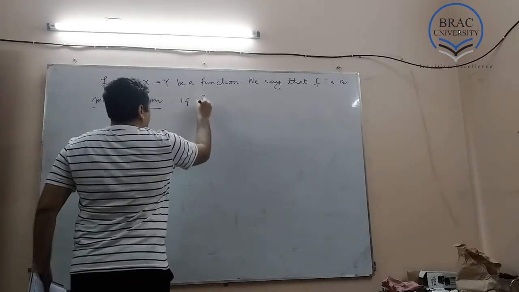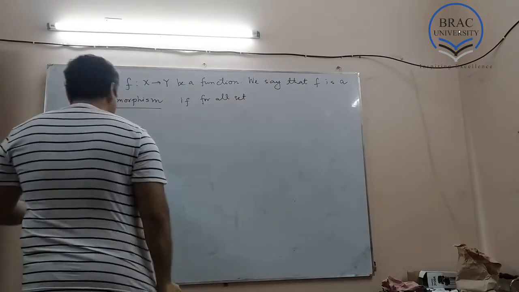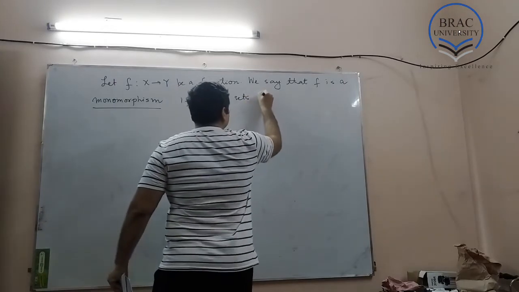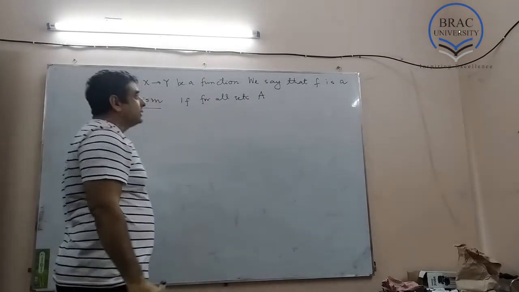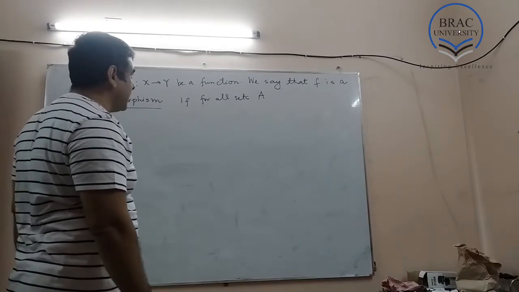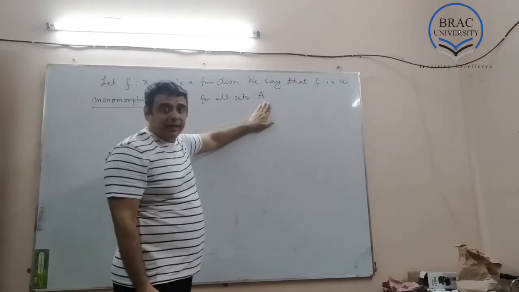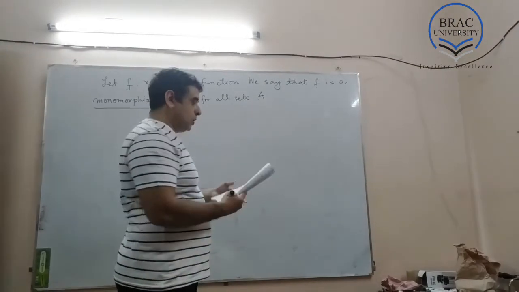if for all sets A, so I can choose the set A arbitrarily, for any set A. Whatever I am going to discuss now should hold for any set A. This is what it says. Okay?